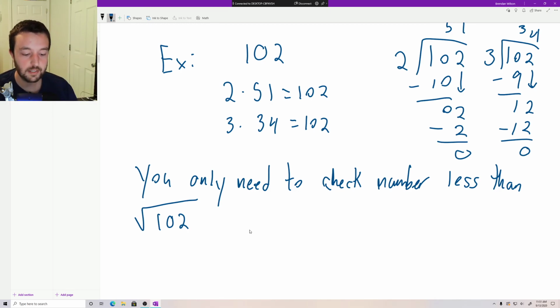It means we're asking what times itself is 102. With a lot of numbers, there's no exact answer, so we do it in a calculator. If I do it in a calculator, I get 10 point something. So this tells me that we just need to check the numbers from 2 through 10. In other words, we need to do the divisibility test for 2 through 10.